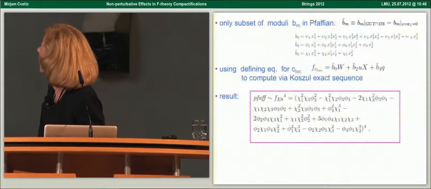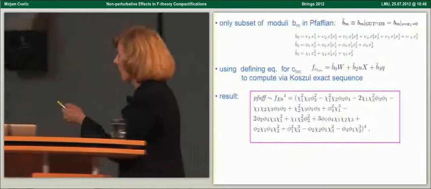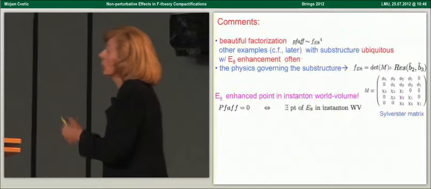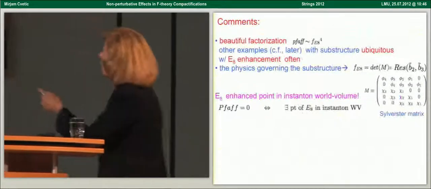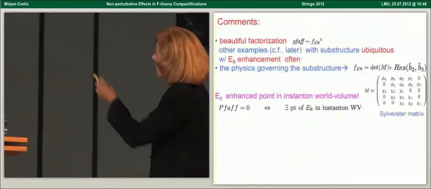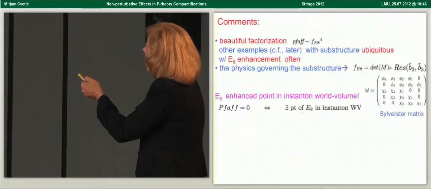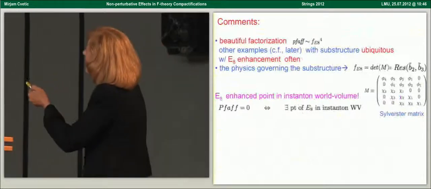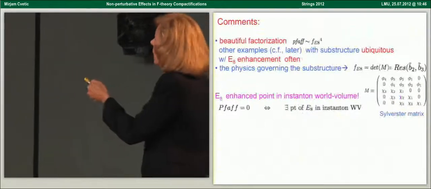The result, via Cauchy exact sequences, is the Pfaffian, which, while complex, has intriguing structure. It appears with the 4th power of the polynomial of these specific 7-brane moduli.